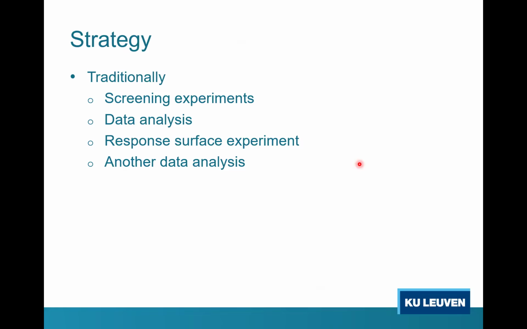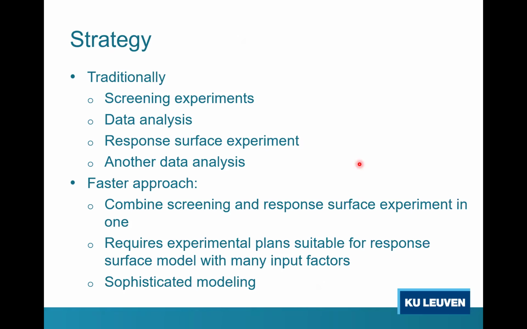The thing is that we're deep into the 21st century and many industries consider this particular strategy to be too slow. Companies want to innovate quickly, efficiently. They want to go to the market quickly. And therefore, doing 2 experiments, one after the other, is too slow.